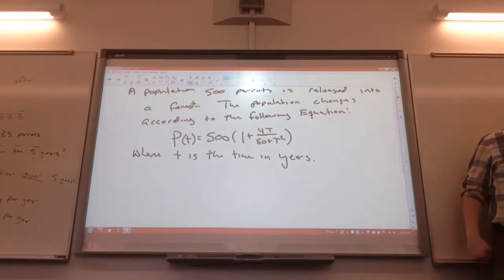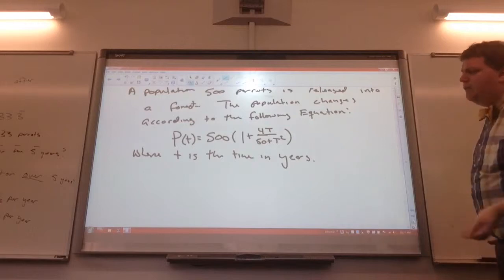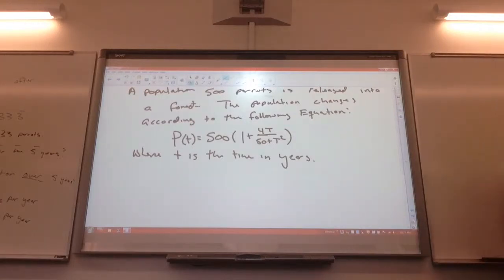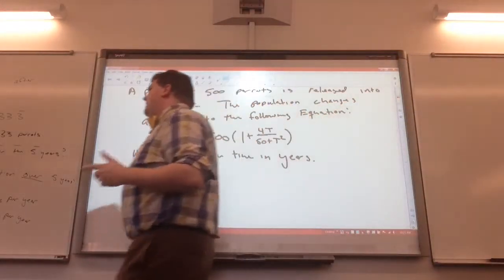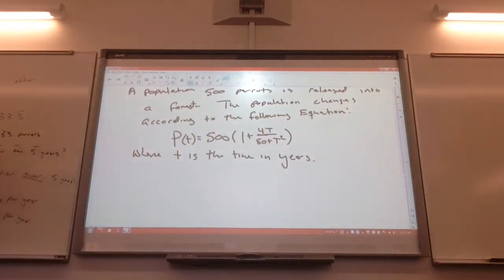So when you're measuring these things out, it's okay for those to be partial. It's not okay for things like people to be partial. So keep that in mind. We got 633.3 parents, which we round down to 633 parents. That's how many parents we had after 5 years.